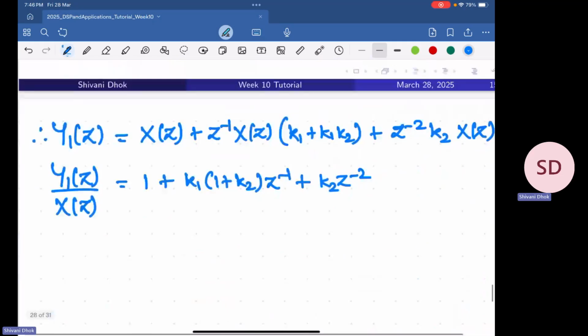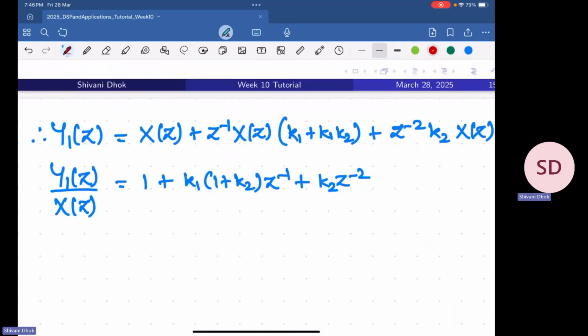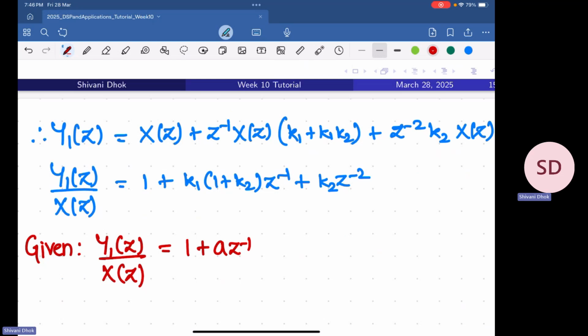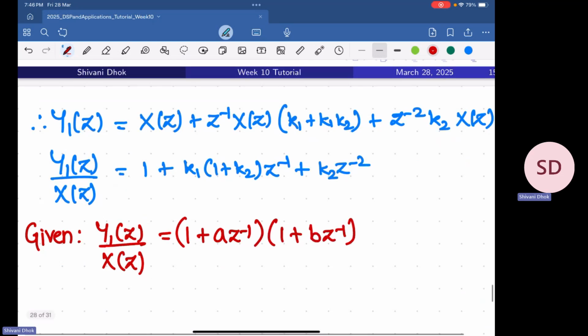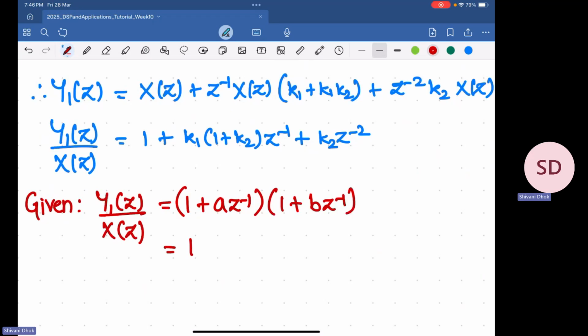So let me write it down. Given is y1 of z upon x of z is equal to 1 plus a z inverse multiplied by 1 plus b z inverse. If we simplify it, it comes out to be equal to 1 plus a plus b z inverse plus ab z to the power minus 2.